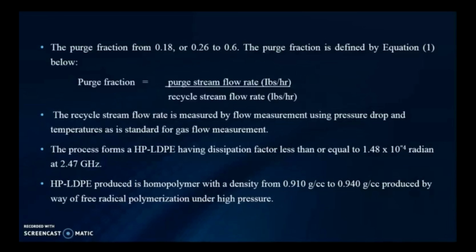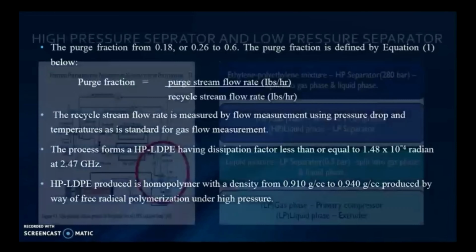The process forms a high pressure LDPE having a dissipation factor less than or equal to 1.48 to the power of 4 radian at 2.47 GHz. The high pressure LDPE produced is a homopolymer with a density of 0.91 gram per cc to 0.94 gram per cc, produced by way of free radical polymerization under high pressure.